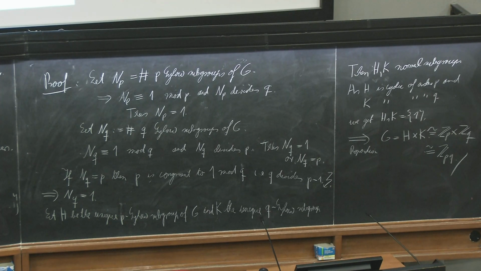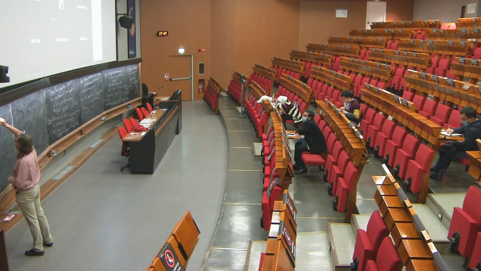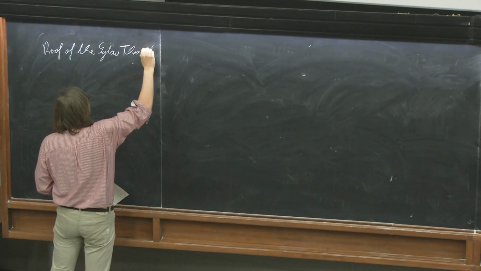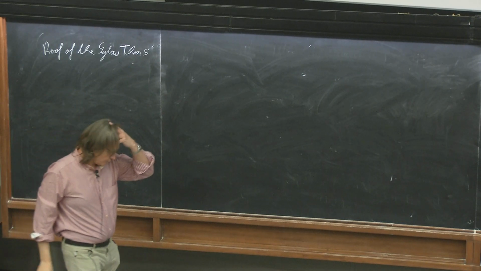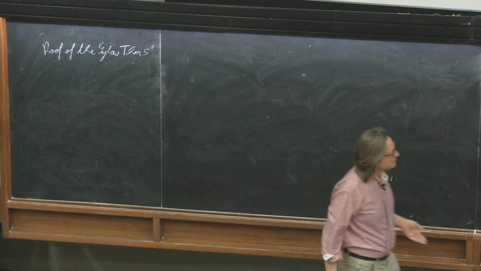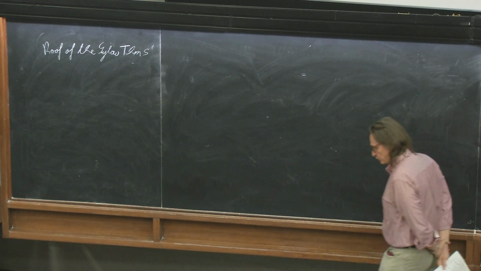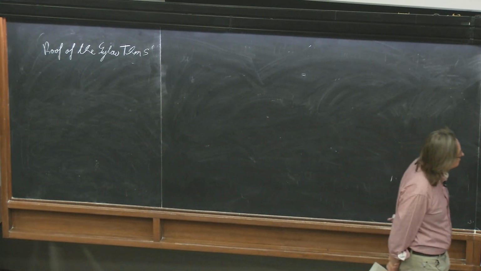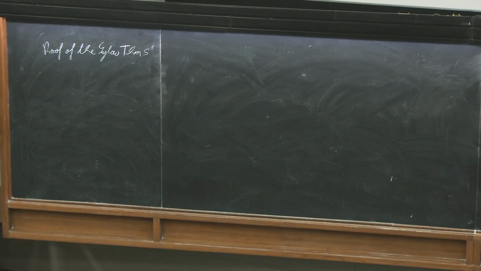In particular, when we want to prove the first Sylow theorem, we want to find a subgroup of order P to the M in G. And we want to do this by finding an action of our group G on something and an element such that the stabilizer of that element has order P to the M. So the stabilizer subgroup of G will be our Sylow subgroup.